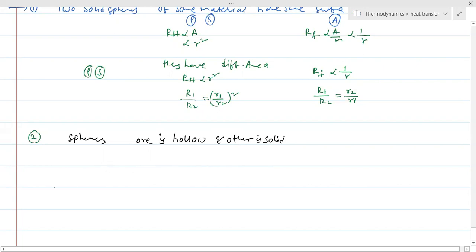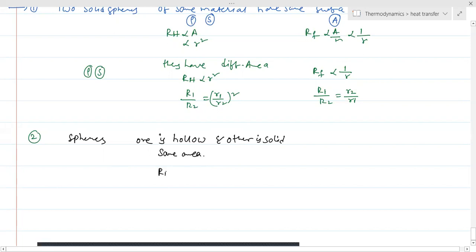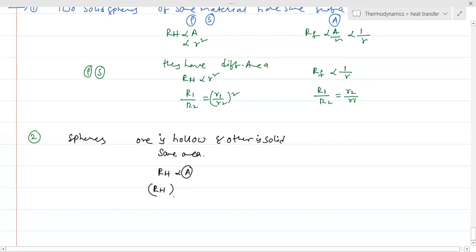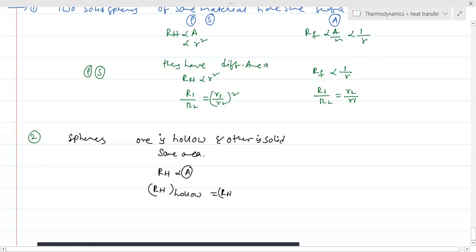Then discuss the situation. When they have the same area, suppose it is given that we have the same area. We know that RH is proportional to A and A is fixed. Therefore, the rate of heat loss for hollow should be equivalent to RH for solid.